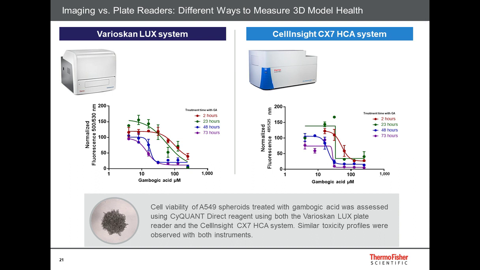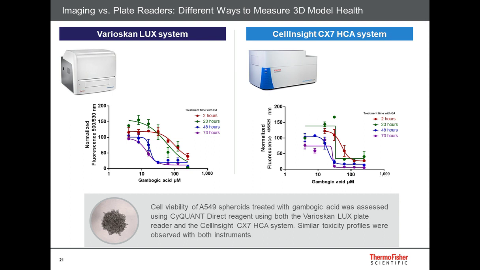So we see here on the left several dose response curves of A549 cell spheroids that were treated with different doses of cambogic acid, and we're evaluating the signal from every well of cells at different time points. And we can compare this to the same 96-well plate of spheroids as analyzed by our high content analysis system. With high content analysis, we have the images to go along with every one of these data points, but it takes a bit longer to acquire those images.